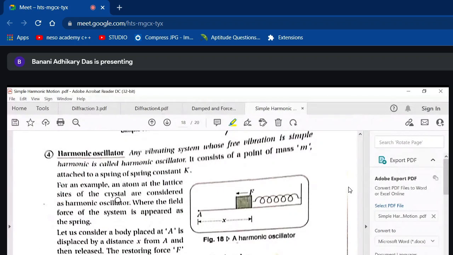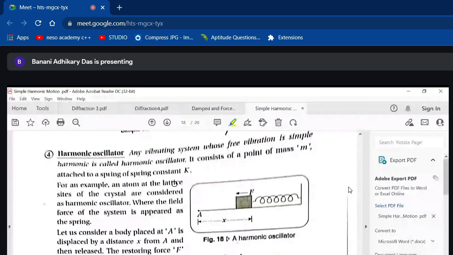Just don't bother about this, just listen. In a solid you have a large collection of regular arrangement of atoms, and these atoms are all vibrating about their mean positions. These vibrating entities can behave as if they are elastic springs, and they are called harmonic oscillators. There are reasons for this, because the vibrations can be shown to be simple harmonic, number one. Number two, as long as they are simple harmonic, they remain in that state.